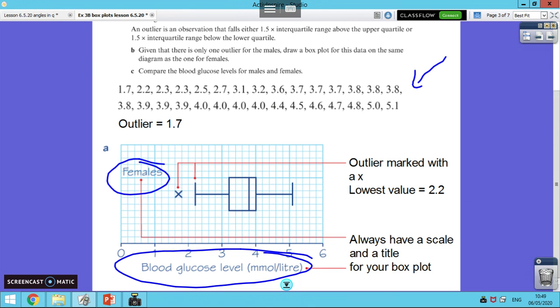Now, the working out that you did for example number 1 showed us that the only outlier was 1.7. So that's where this is here, 1.7. Your lowest value that was not an outlier was 2.2, so that's this bit here, and that's where 2.2 is in the data there.